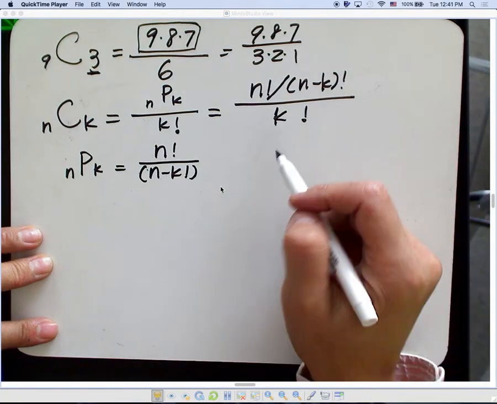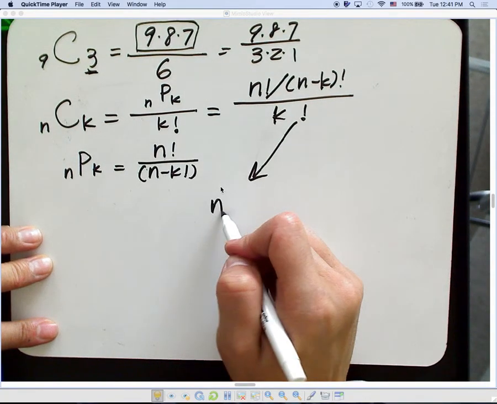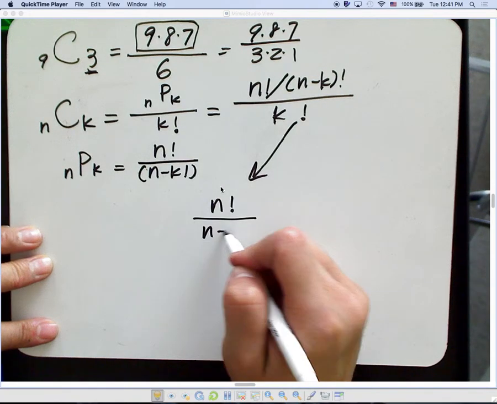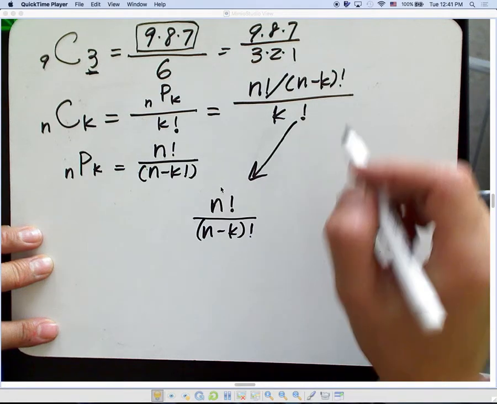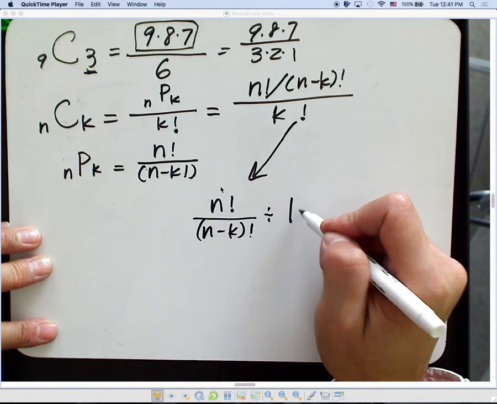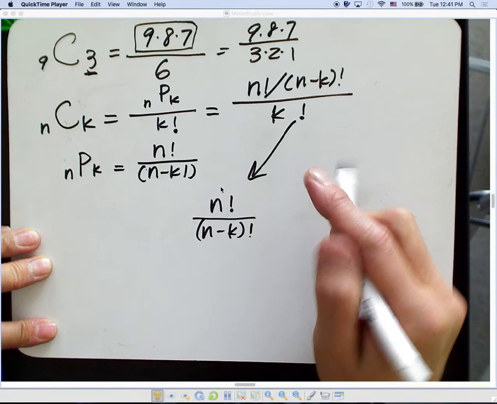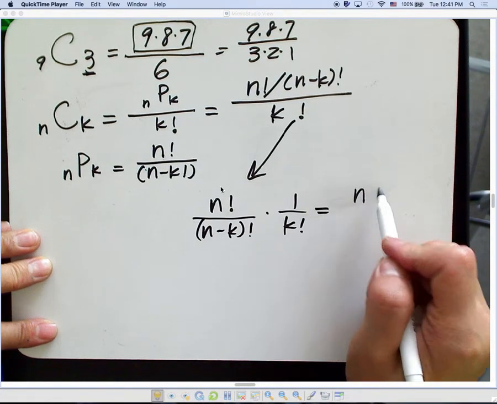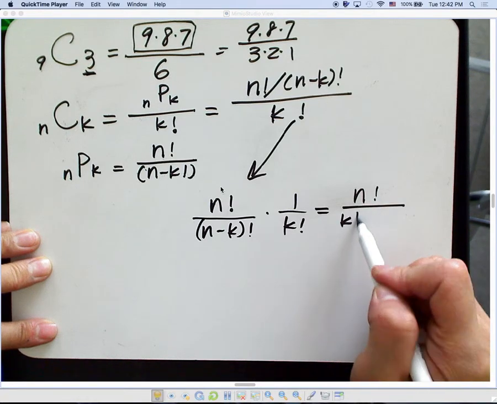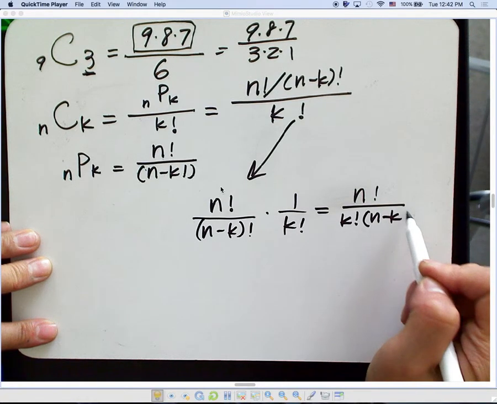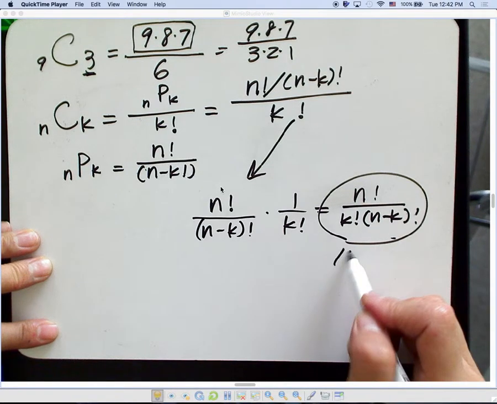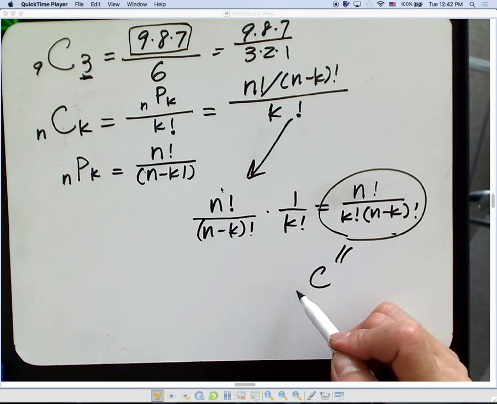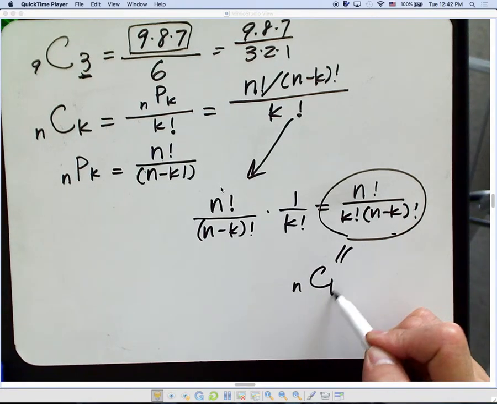That gives you n factorial over n minus k factorial, multiplied by 1 over k factorial. Simply speaking, that is n factorial over k factorial times n minus k factorial. So that is theorem 4.2. That is equal to the combination of n choose k. Okay?